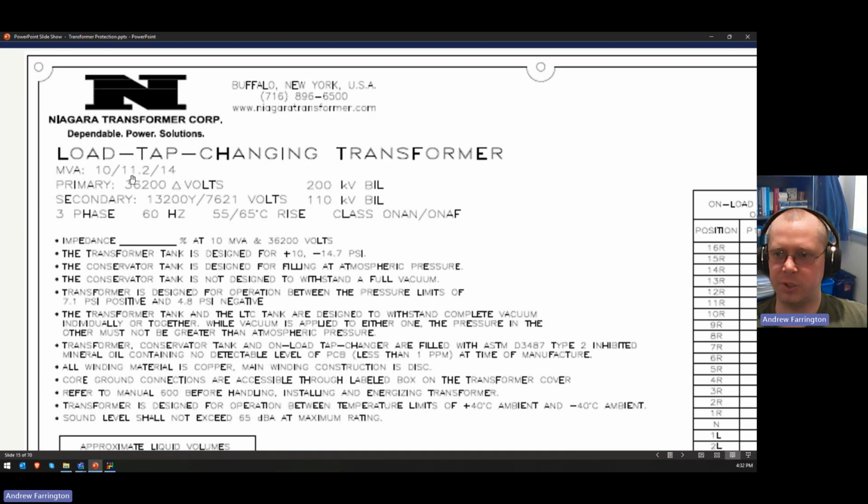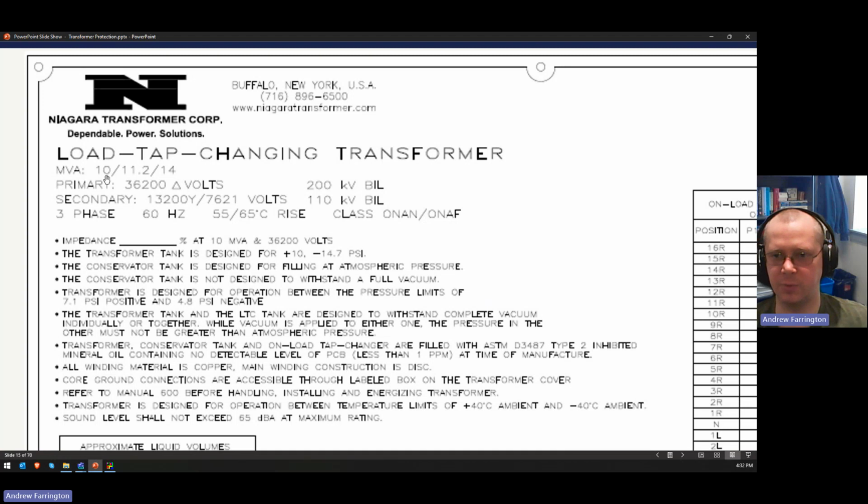This 11.2 is actually at the 65-degree rise. This particular utility historically had 55-degree C rise rating transformers, and they've recently also included a 65-degree C rise rating.